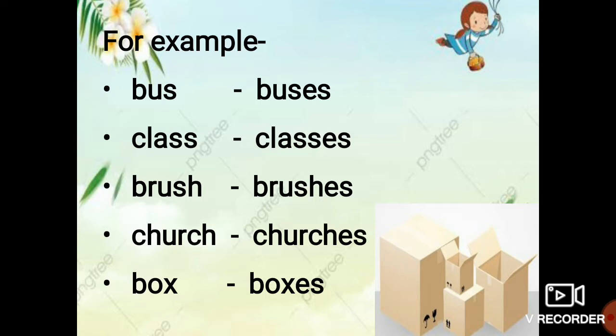So students, as you can see in the given examples, the singular nouns are ending with the letters s, double s, sh, ch or x, and such singular nouns are made plural by adding es to the given singular nouns.